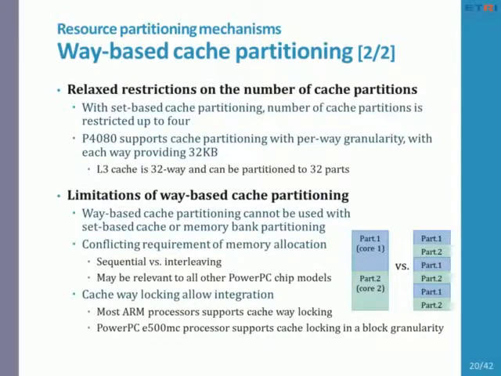If we want to implement way-based partitioning, we have to allocate memory in a sequential way. However, if we want to use page coloring, we have to allocate memory in an interleaved way. Because of these conflicting memory allocation requirements, we cannot combine way-based cache partitioning with set-based cache partitioning or memory bank partitioning.